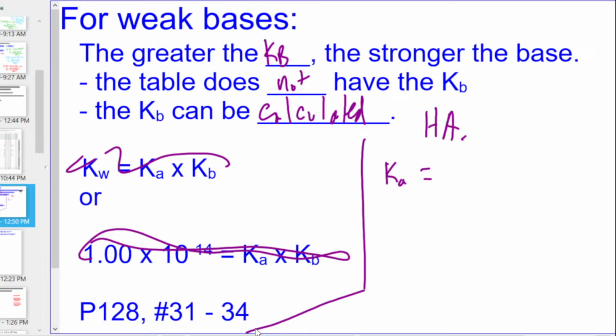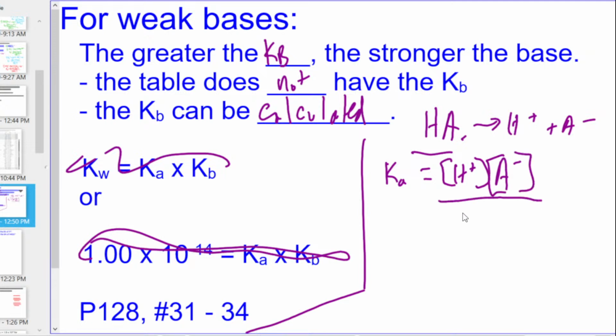HA goes to H plus A minus. What's the Ka? What's the equation? H times A over HA. Yeah, you've just been doing that. So we got H times A over HA. Excellent.